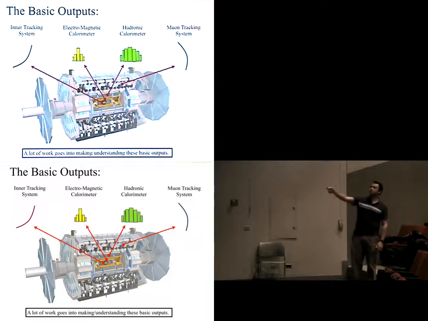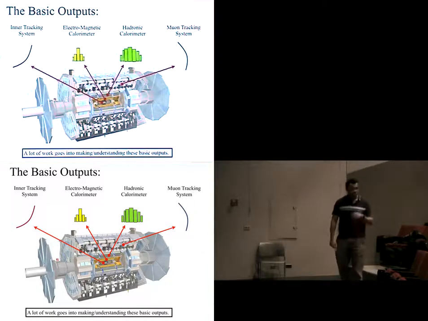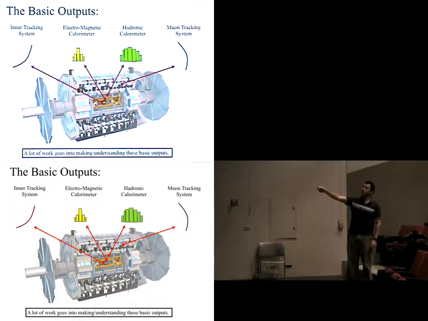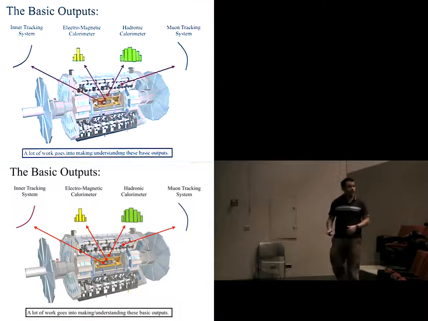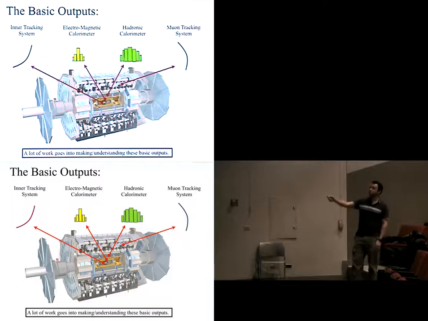And there are two types. The electromagnetic calorimeter is effective at stopping and measuring particles that have charge or experience the electromagnetic interaction, like a photon or an electron. The hadronic calorimeter is good for stopping things that do not experience the electromagnetic charge. A neutron, for instance, is not charged, but it would be stopped in the hadronic calorimeter.